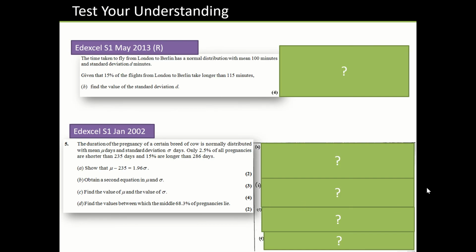Here's two more problems that again use standard normal distribution, and they are from past exams. So go ahead and give them a go, and then see if you got the answers right.